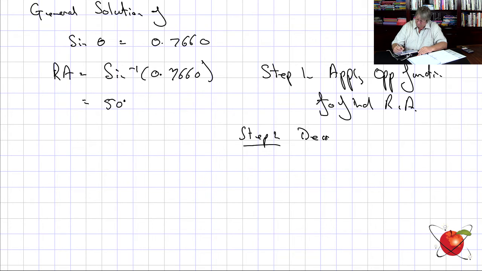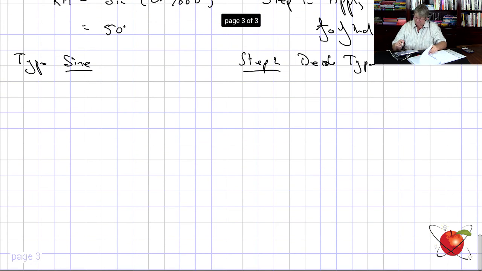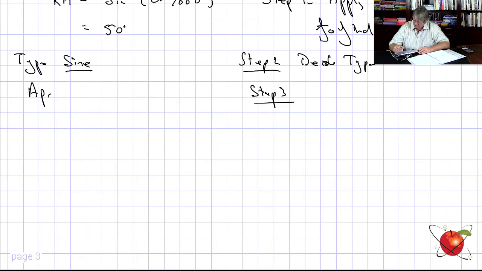Next, step 2: decide the type. I write type is a sine because that's what I'm being asked. It's a sine, therefore, step 3: apply the general formula for the type.